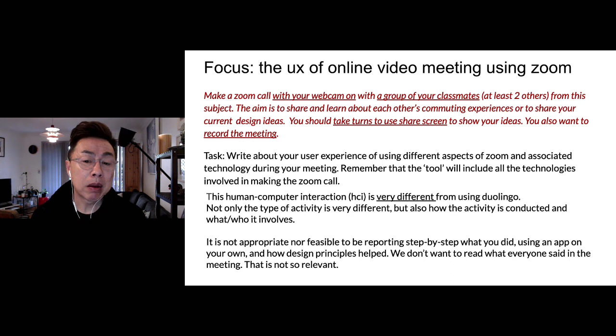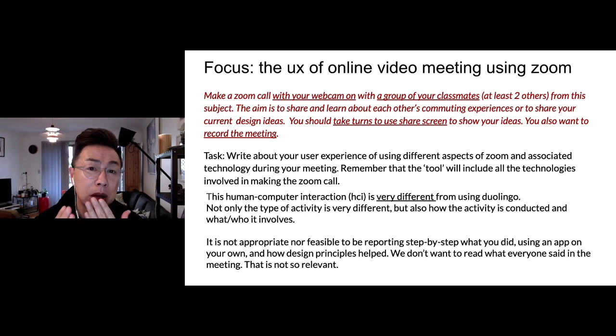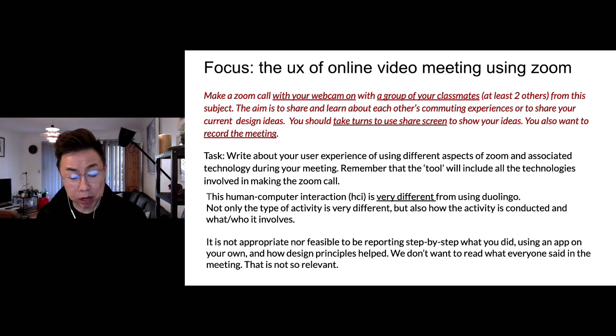Now, as I said before, the human-computer interaction here, me using different technologies, is very different from you using a phone and the internet to use Duolingo. Because not only is the activity very different, because that was about yourself just doing this on your own, but this time the activity is conducted with others.